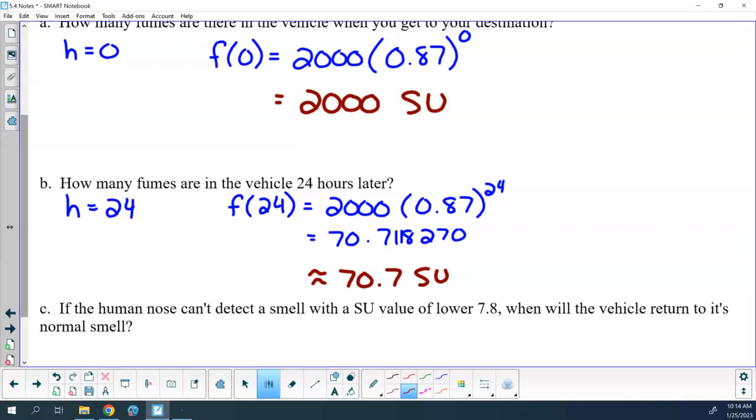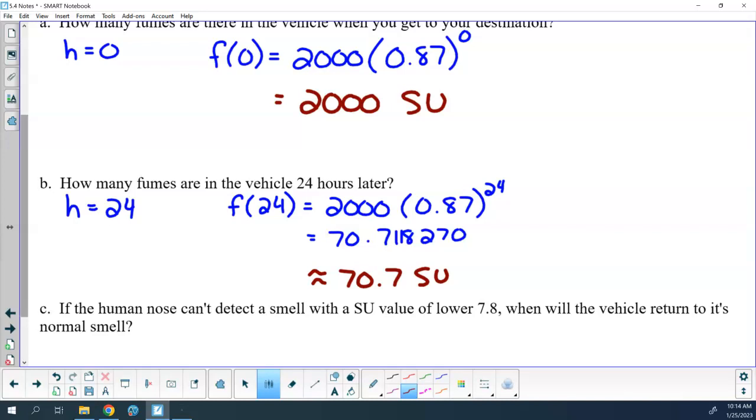If the human nose can't detect a smell with an SU value lower than 7.8, when will the vehicle return to its normal smell? What do we do in this one? How am I going to go about solving this one?